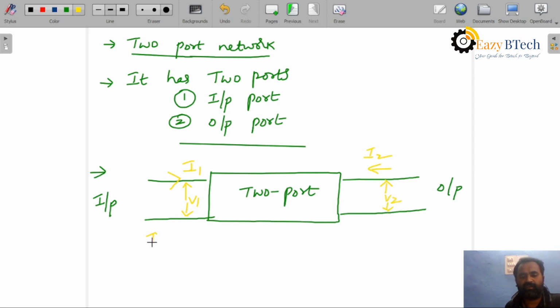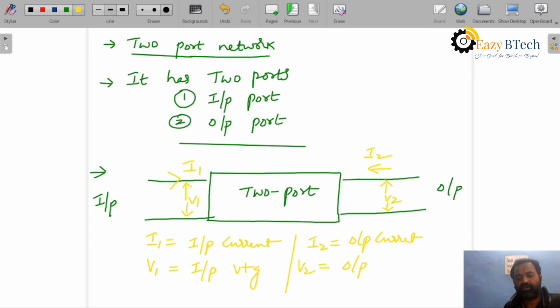I1 is the input current, V1 is the input voltage, I2 is the output current, V2 is the output voltage.